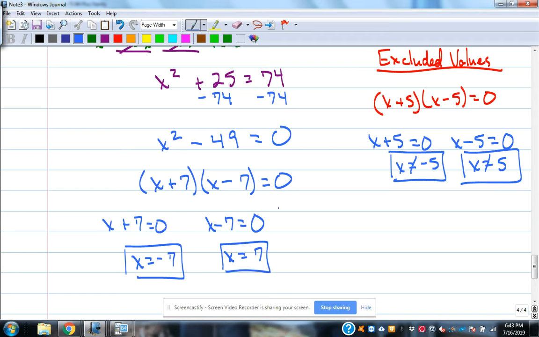There's an answer. Okay. That doesn't match one of our excluded values. That's why I changed that number to a 74. What I had before matched those, and I didn't want it to be a no solution again because we already seen that.